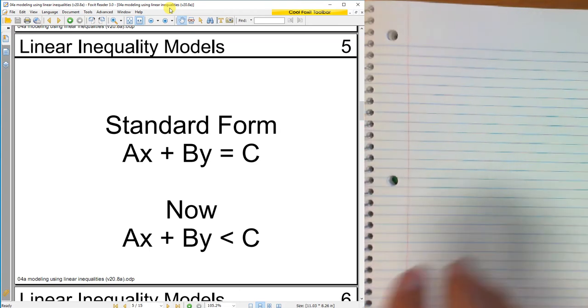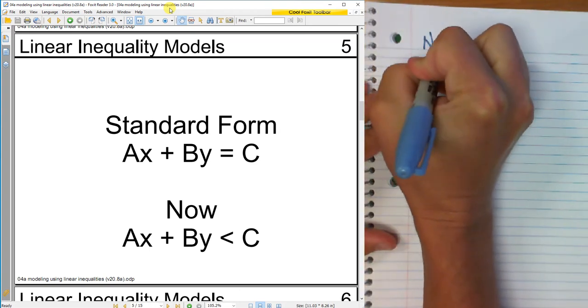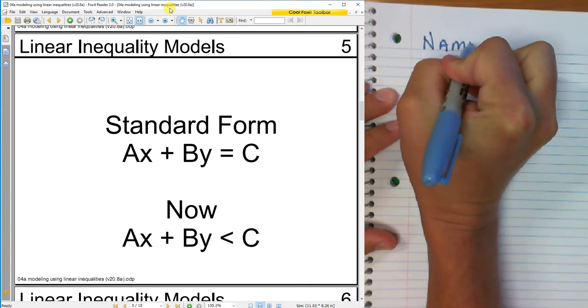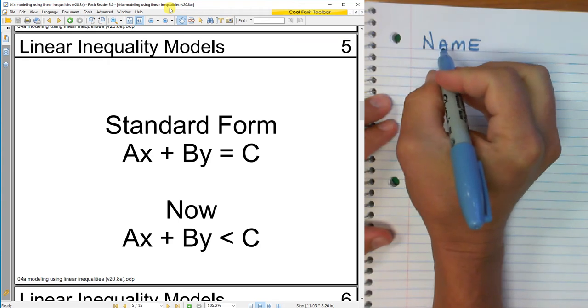So let's start with our notes, with our name. And our title is going to be Linear Inequality Models.